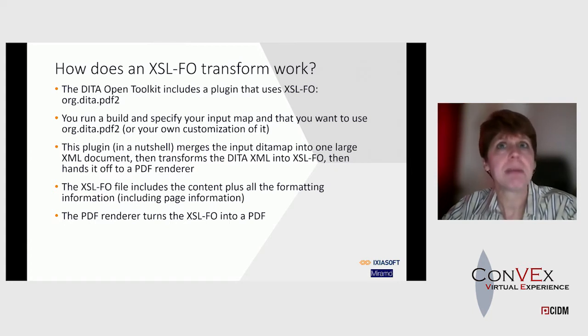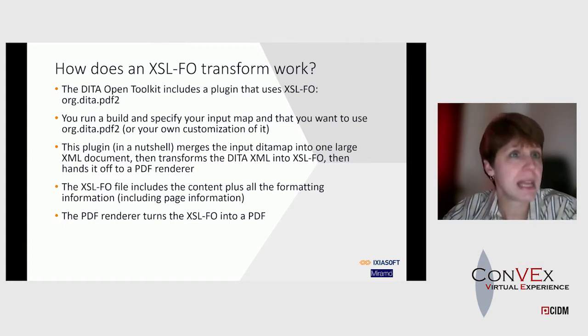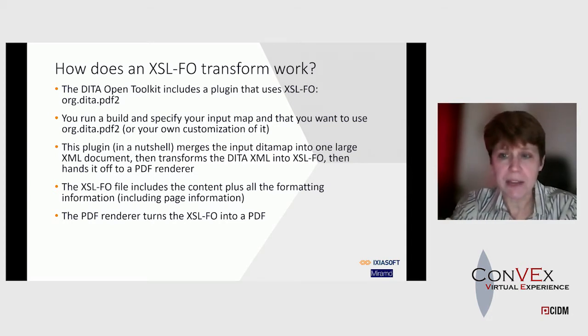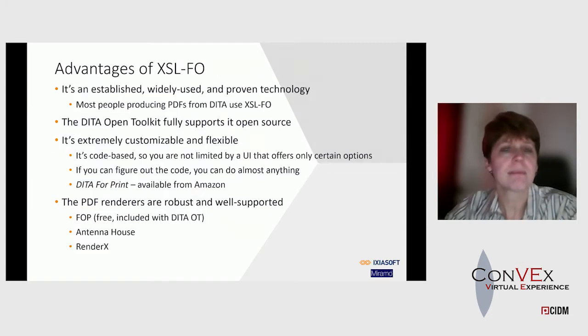So every page specification for every page, the size, the margins, the body regions, the header and footer regions, etc. So as you might imagine, this is a huge file. It's very, very verbose, even for a very small set of content. And then the PDF renderer takes this file and turns it into a PDF. And that's a very, very high level view of the process.